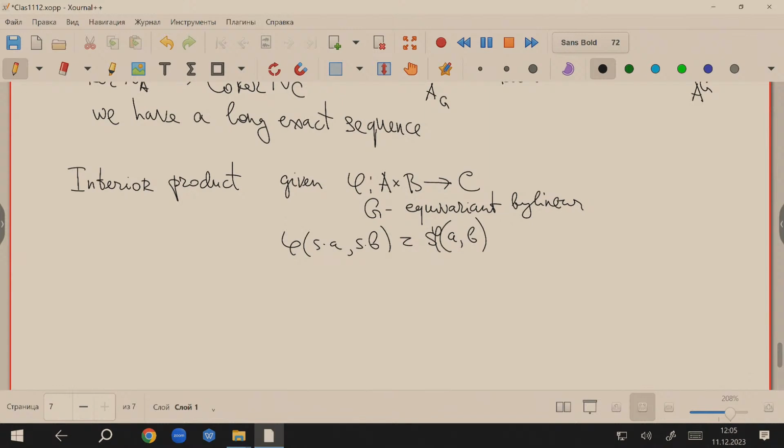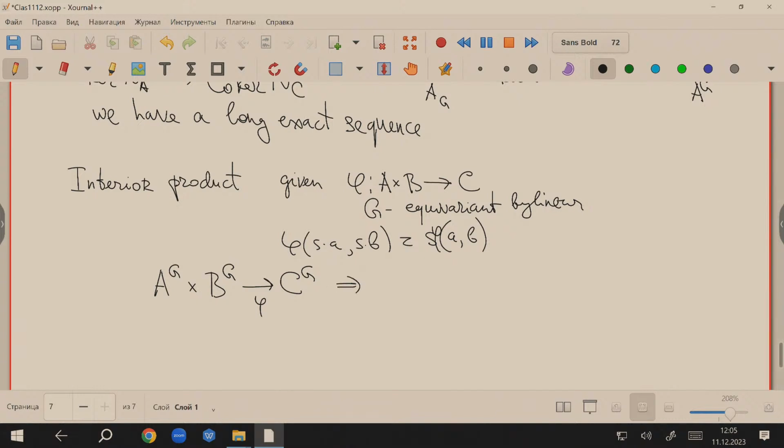The map between invariants, of course, defines a map from A^G times B^G to C^G. If you restrict phi to the set of invariant elements, they will map to invariant elements due to the equivariance.